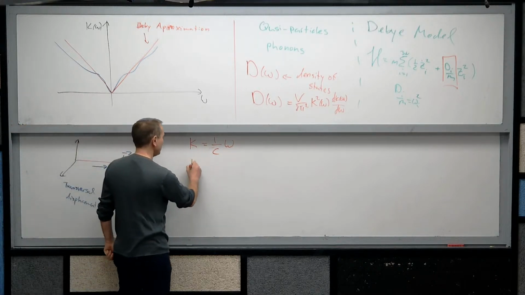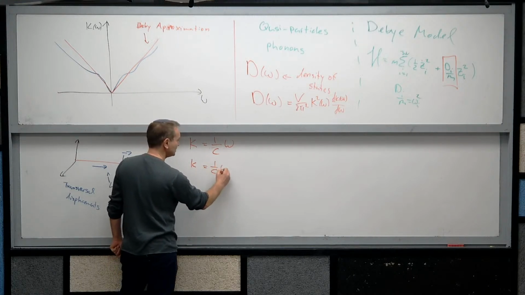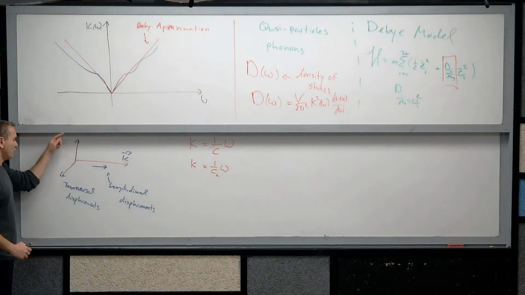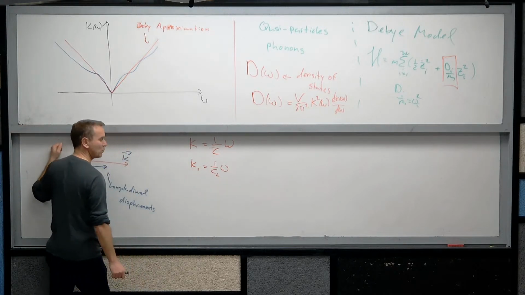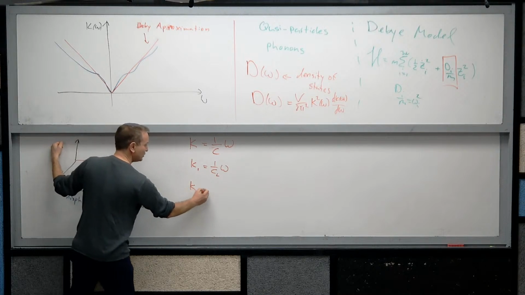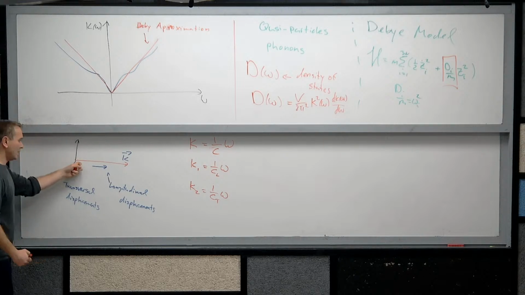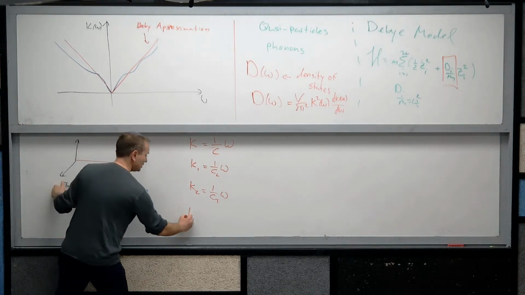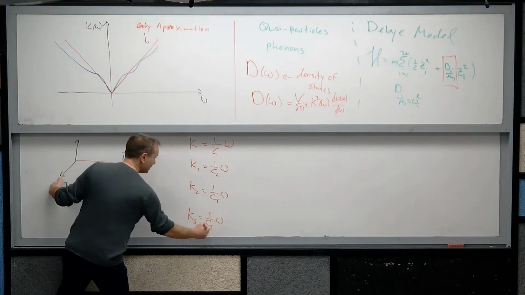For this one, let's call it k, it's going to be 1 over c_L times omega. For the transversal, we are going to have k1, and for the other transversal, k2, which is 1 over c_T times omega. And k3 is also going to be 1 over c_T times omega.